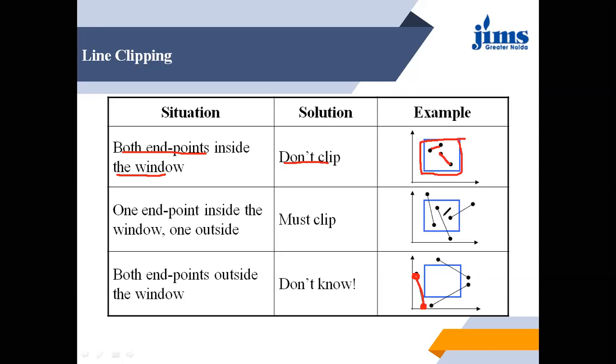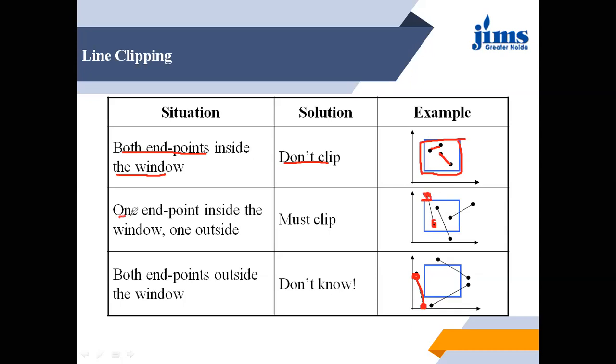The second case is when one point is outside the window and the second point is inside the window. In that case we have to clip it partially, from here to here, meaning we have to clip this part of the line.